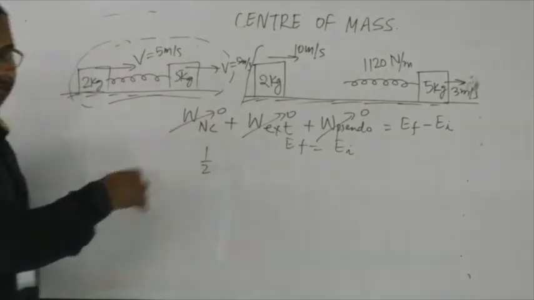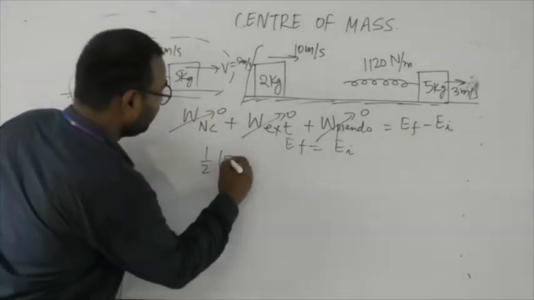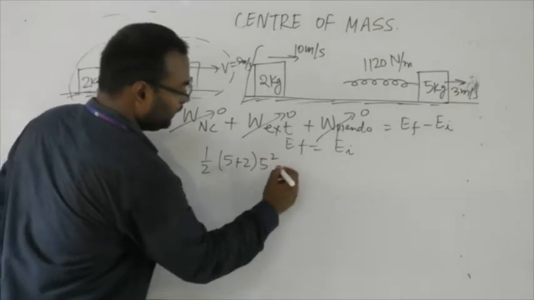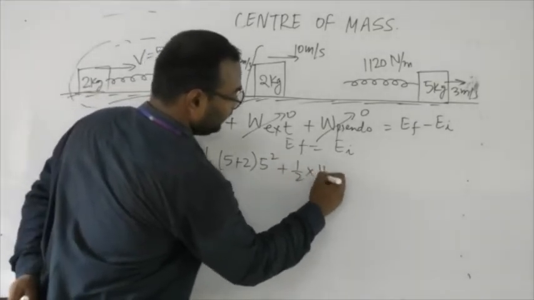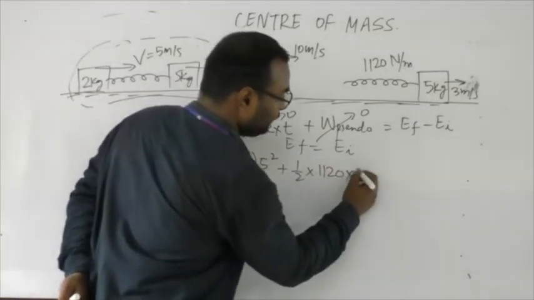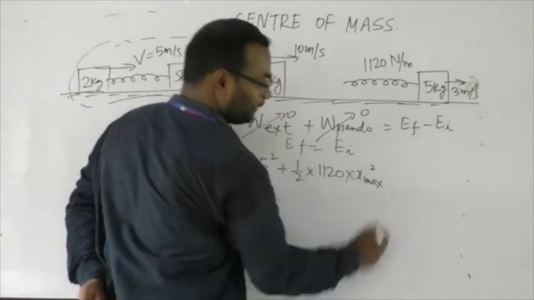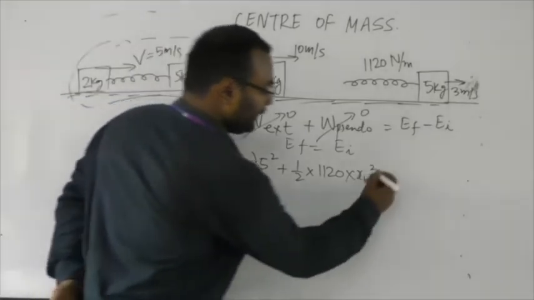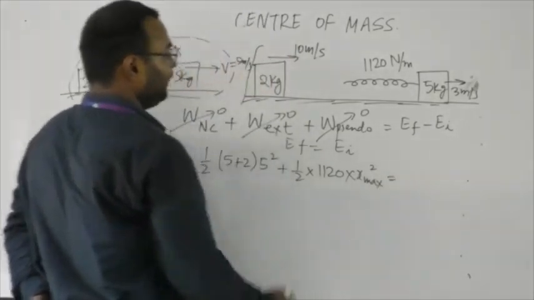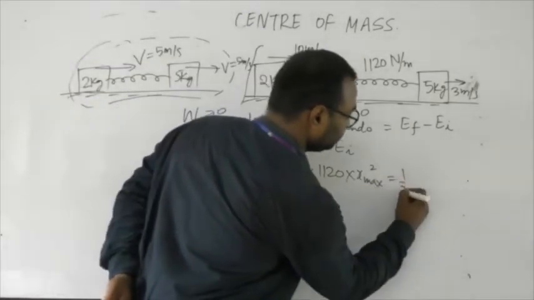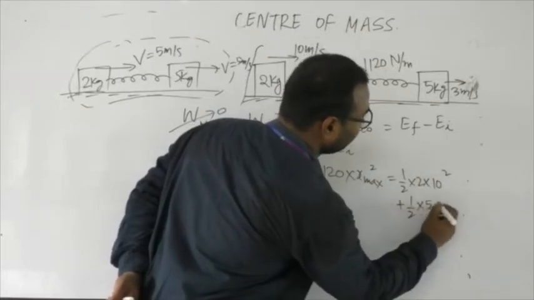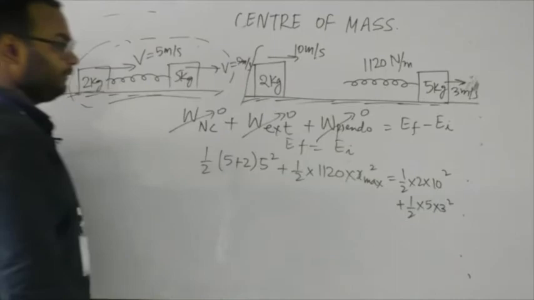They have the same velocity, so you can write simply half into (5 plus 2) into 5 square plus half k, where k is 1120, into x maximum square. At the time of maximum compression, that equals the initial kinetic energy. Initial is half into 2 into 10 square plus half into 5 into 3 square.